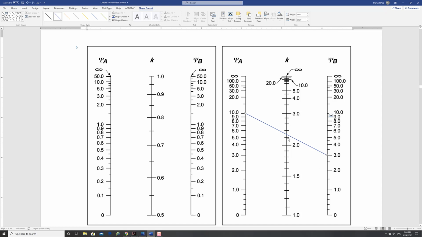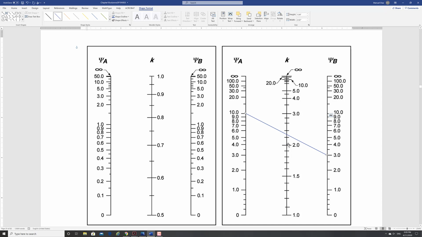No, because this is 2, 4, 6, 8. So check your scales. This one was okay, the other 1.6, 1.7, 1.8, 1.9, 2. But this one right here is going 2.2, 2.4, 2.6, 2.8.